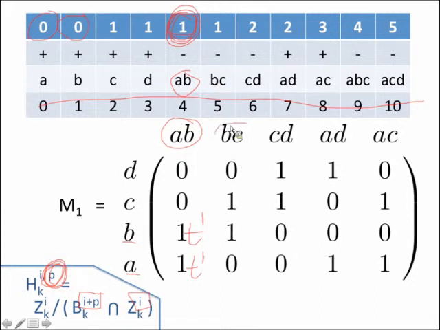For our BC, BC came in at time 1, but B came in at time 0, so sometimes I will go ahead and put these things as superscripts just to remind me when they entered in. BC came in at time 1. If I do 1 minus 0, I'm going to get T to the 1 again.